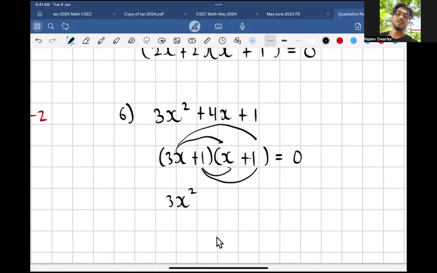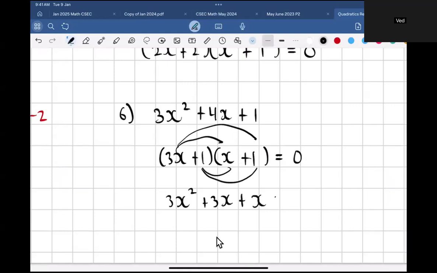So tell me. So 3x by x is 3x squared. Then we're going to say 3x by 1. 3x by 1 is 3x, and then 1 by x would be x. 1 by 1 would be 1.